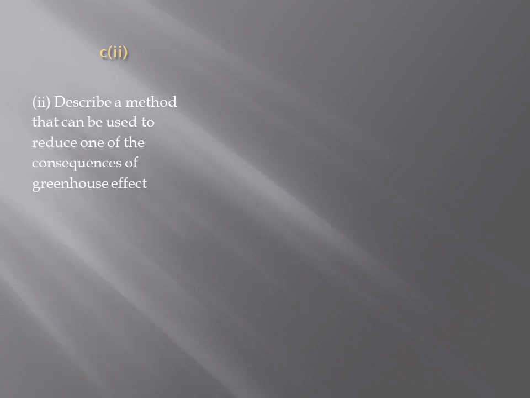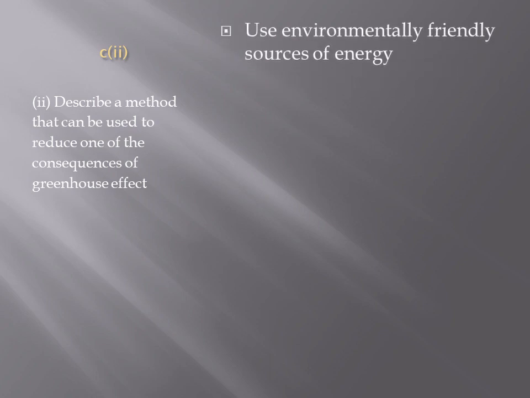We look at C2. Describe a method that can be used to reduce one of the consequences of the greenhouse effect. What are those methods? One, we use environmentally friendly sources of energy.